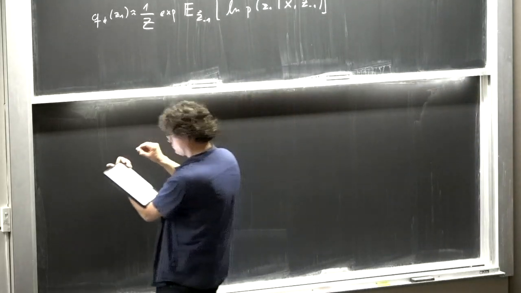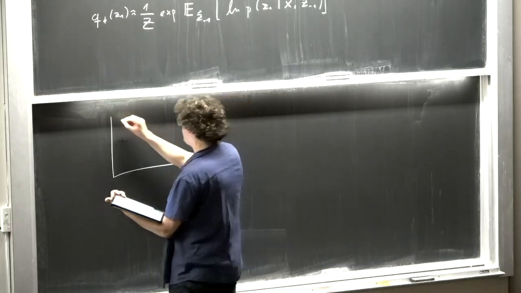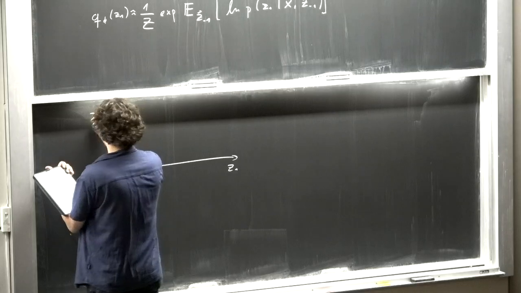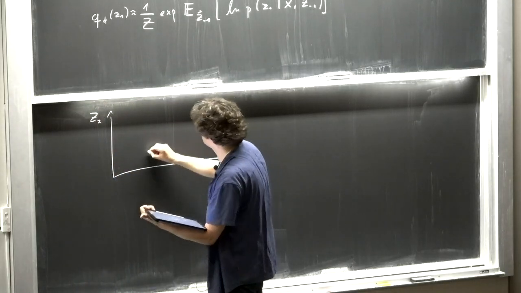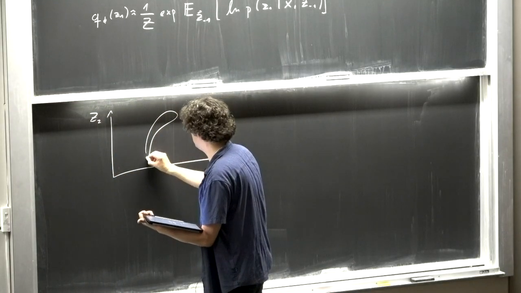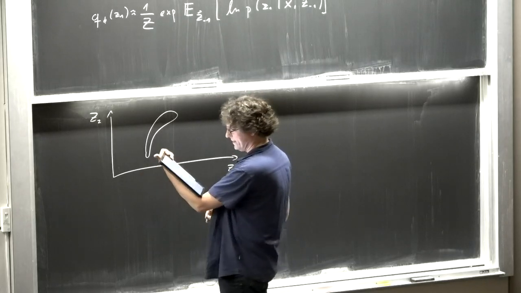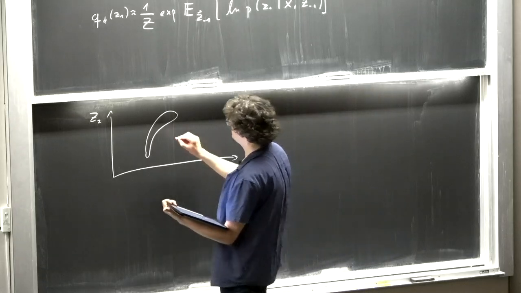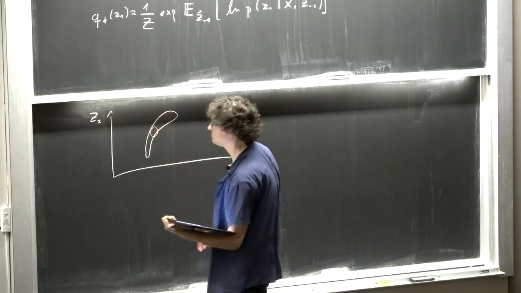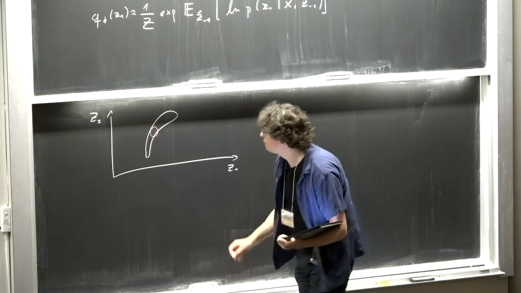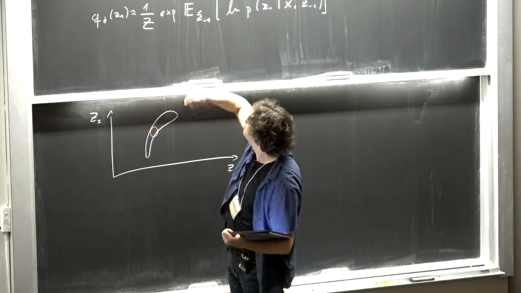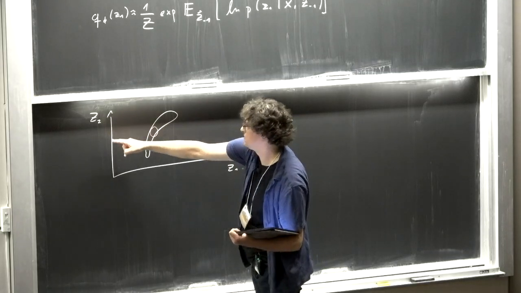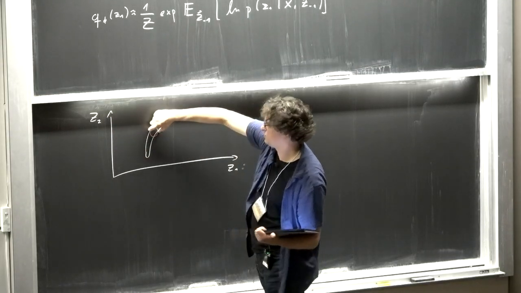So I can draw this in 2D. So let's say we have here Z1, and we have Z2. And let's say the true posterior might be, whatever, banana-shaped. Then what you would get if you do VI is you might get some posterior that sits here, okay? So let me remind you, the posterior for Z1, which you conditioned on a specific value of Z2, would just have typically this width here, right?